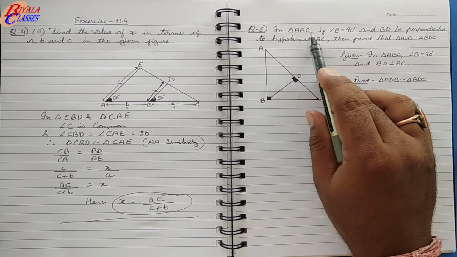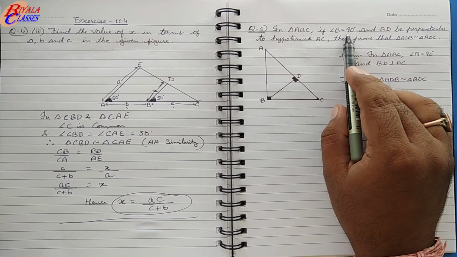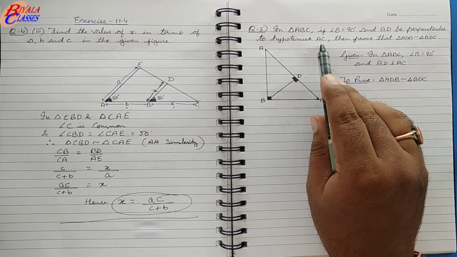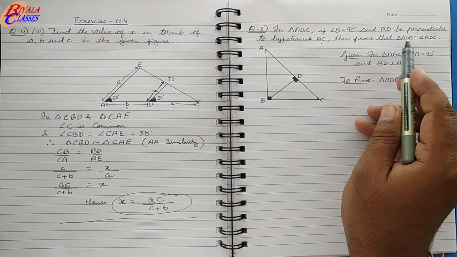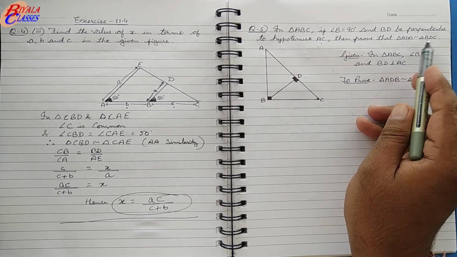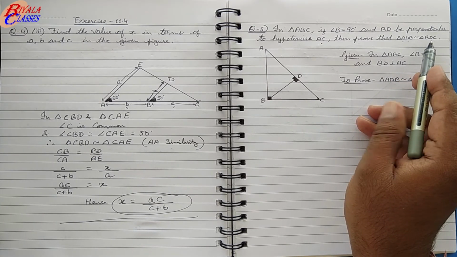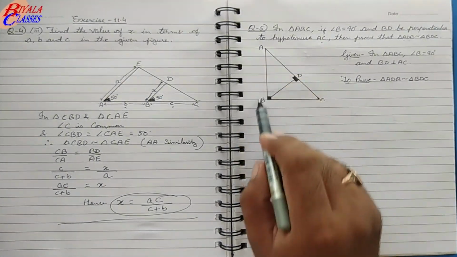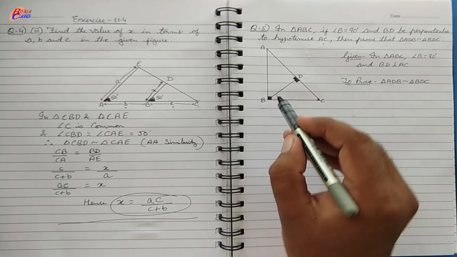It says in triangle ABC, if angle B is equal to 90 and BD is perpendicular to hypotenuse AC, then prove that triangle ADB is similar to triangle BDC. Now here in this figure, if you see, triangle ABC is there where angle B is 90.